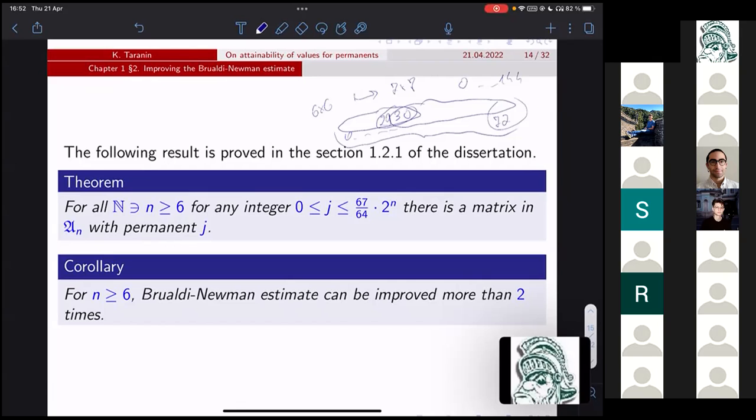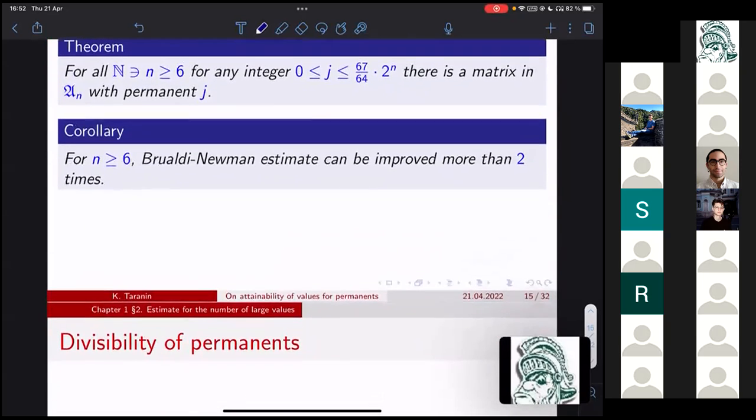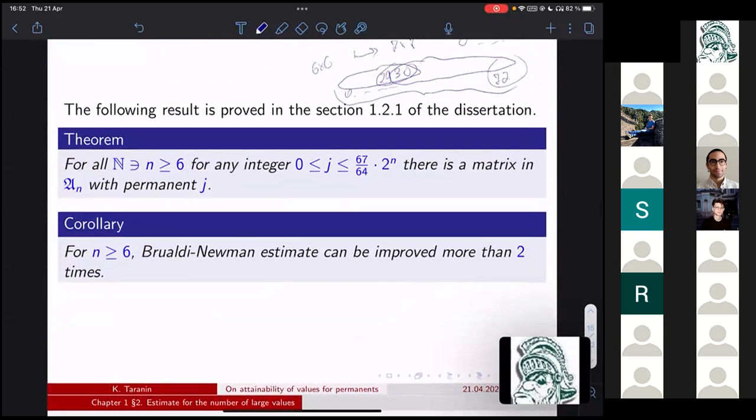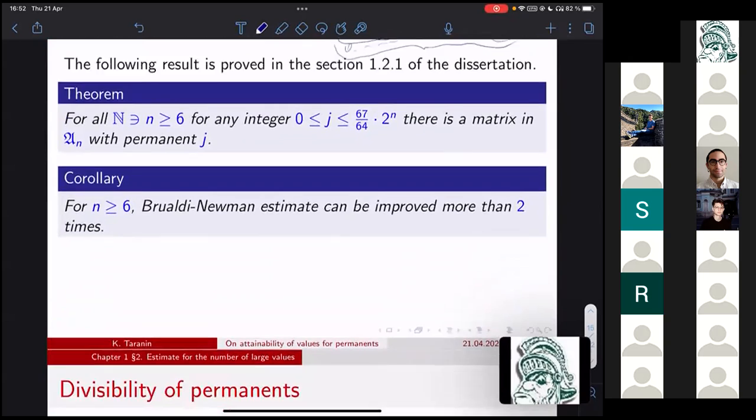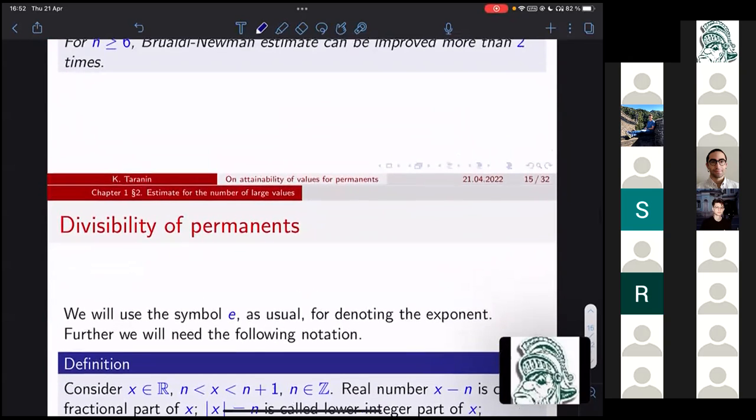All right. This was about permanents with small values, because 2 to the power of n compared to n factorial is almost nothing. And another thing that I proved is the bound on the number of large values, which are comparable to n factorial.